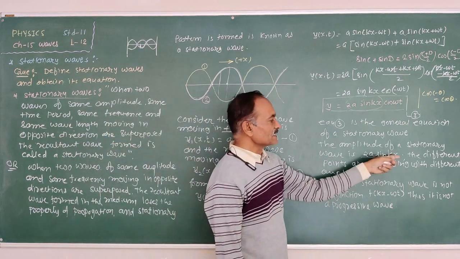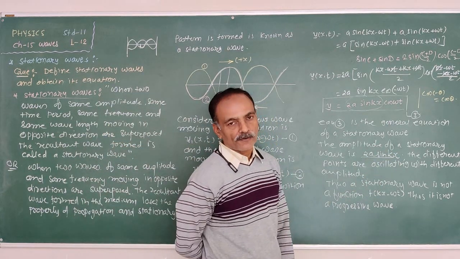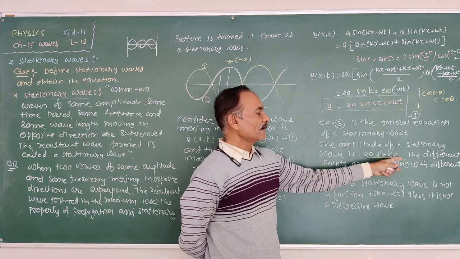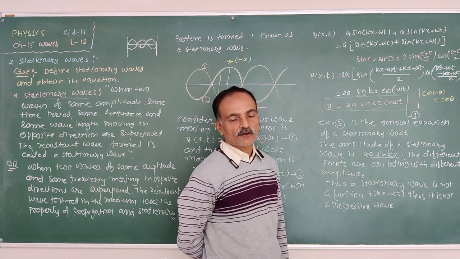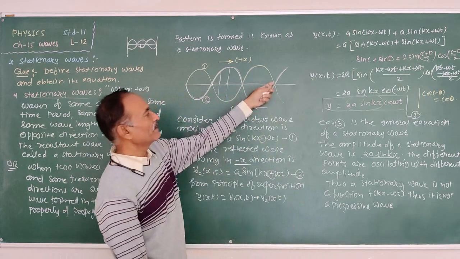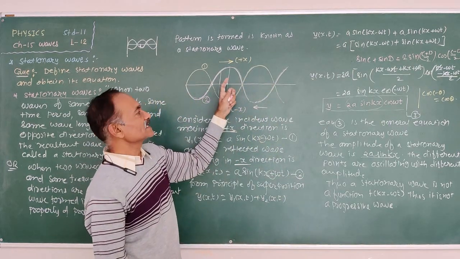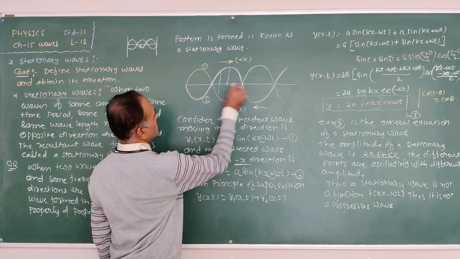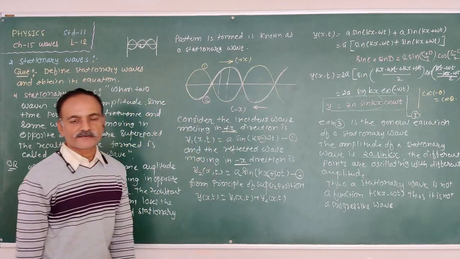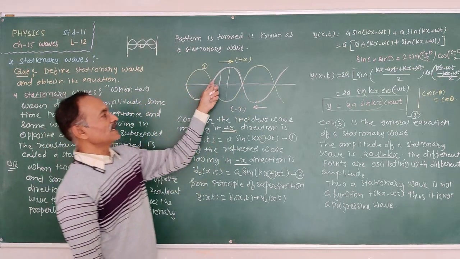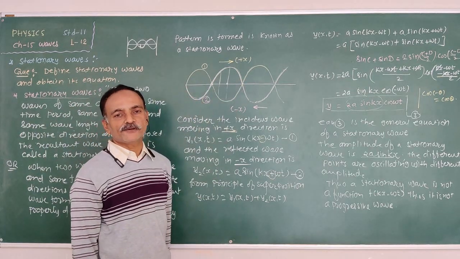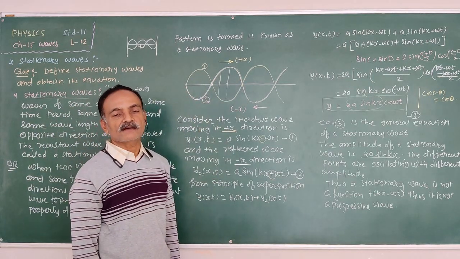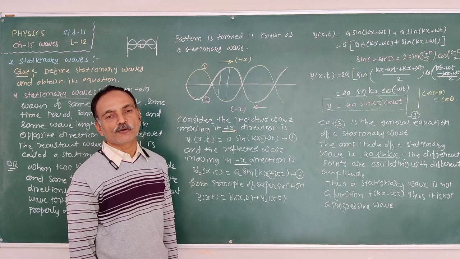As we substitute different values of the points, we obtain the amplitude at a particular point. Some points have the maximum amplitude, while some points have the minimum amplitude. The points at which the amplitude of the particle becomes zero are known as node points.